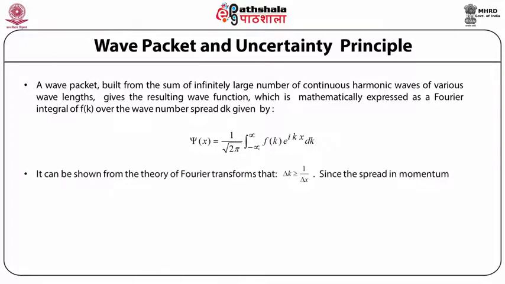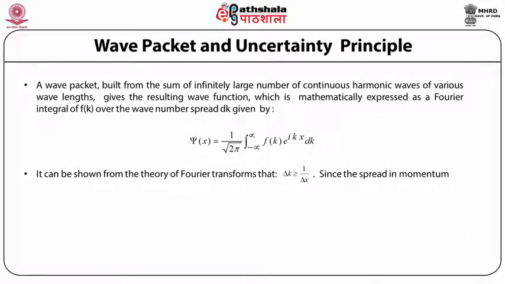It can be shown from the theory of Fourier transform that for the above equation, the spread or the difference between the wave number from the initial and the final values, that is delta k, is greater than or equal to 1 upon delta x, which is the spread in the position.